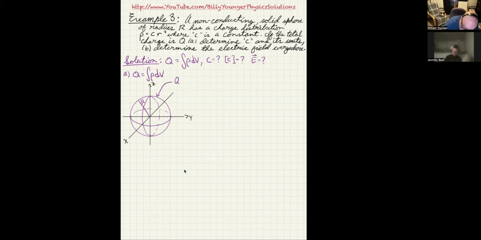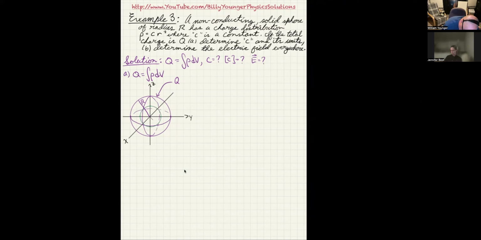Now, what I'm imagining here for this integral portion, I'm going to draw a little spherical shell inside. That did not go as planned. Let's try it again. So there's part of the spherical shell.